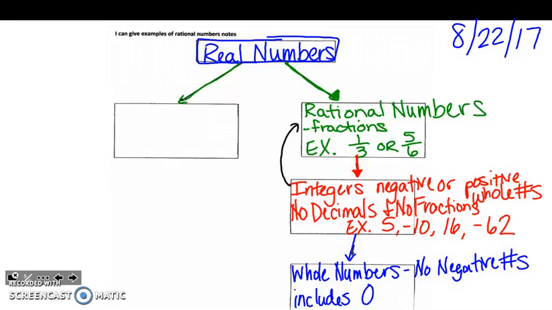So 0 is an example of a whole number. So is 3, 17. So if I asked you what are the names that 0 falls under, you would have to say it's a whole number, it's an integer, it's rational, and it's real. Okay, so if it falls into this box of whole numbers, it also falls into the integer box, the rational numbers box, and the real numbers box.